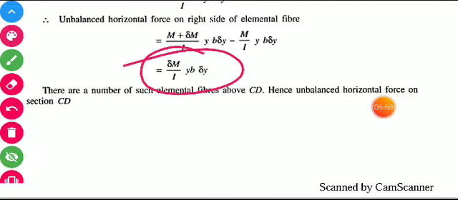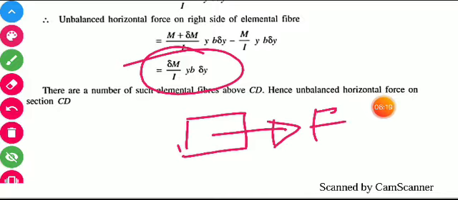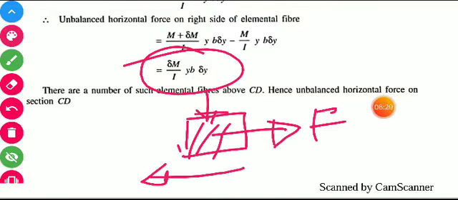So we want to calculate the shear stress or shear force. We know that the shear stress or shear force is just like a friction force which opposes the movement of a particular body. You know the friction principle. Suppose a force F is acting here. Then due to the gravity of the particular box, a friction force or opposing force will be developed here, which is denoted by tau.